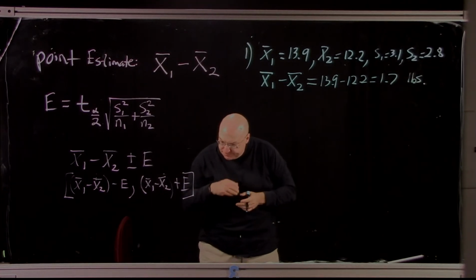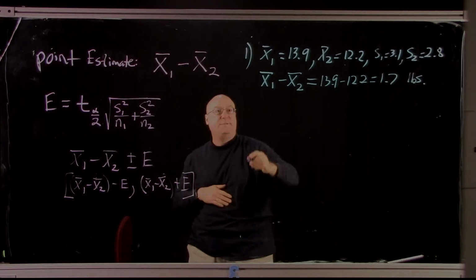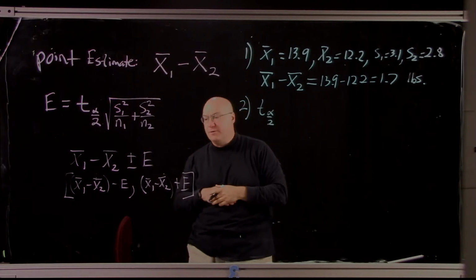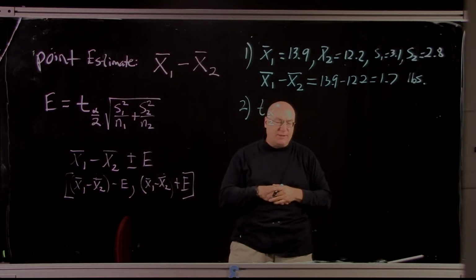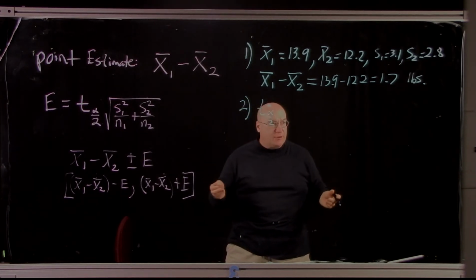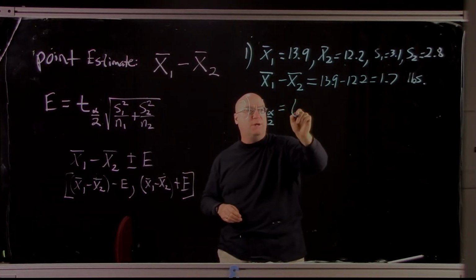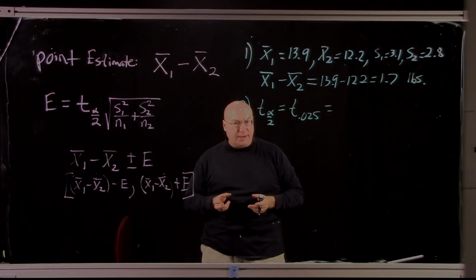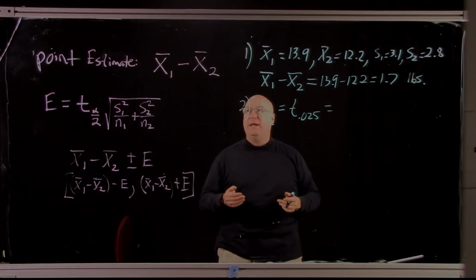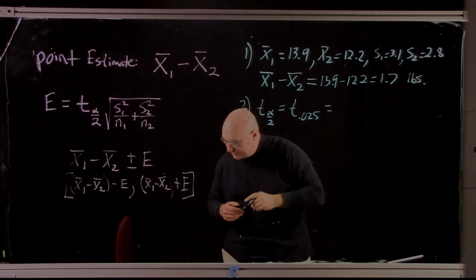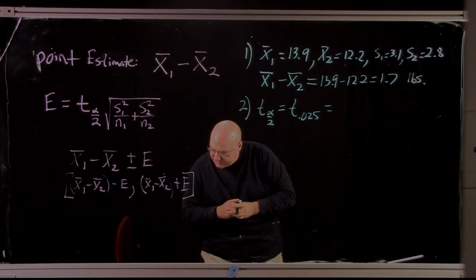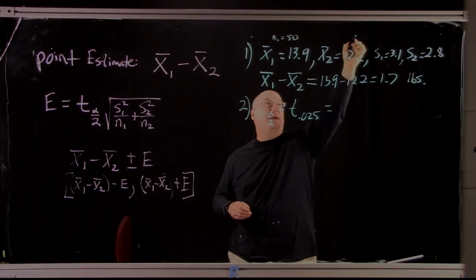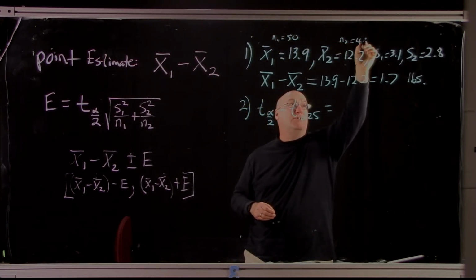Okay, step 2. Get our t alpha over 2. I'm saying a 95% confidence interval. By now, I hope you think 5% left over, half of that is 0.025. So I want t 0.025, and I go look that up. And where do I look? N1 equals 50, and N2 equals 40.